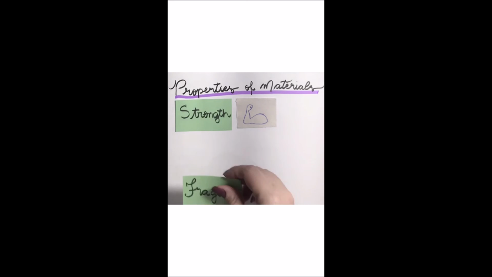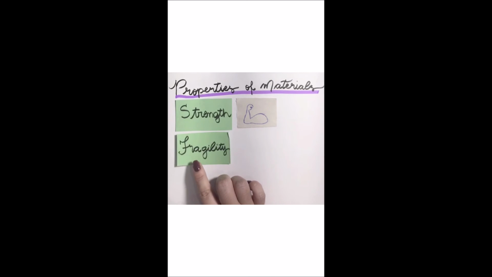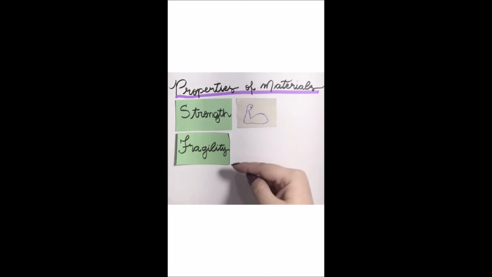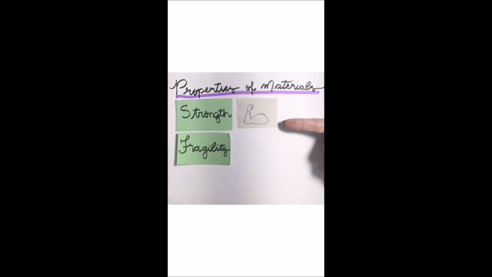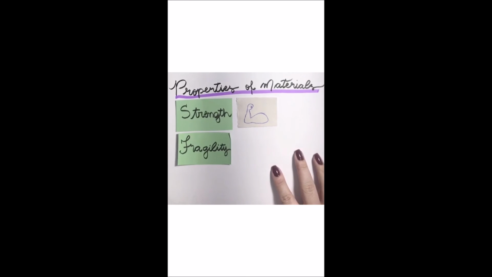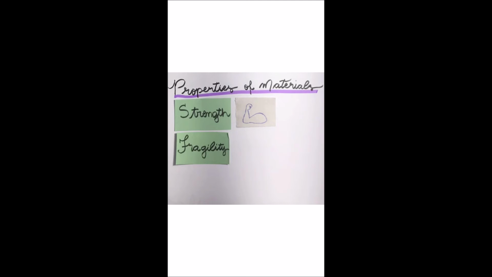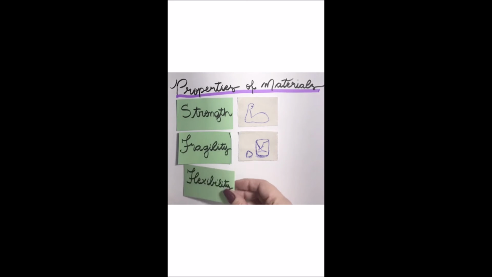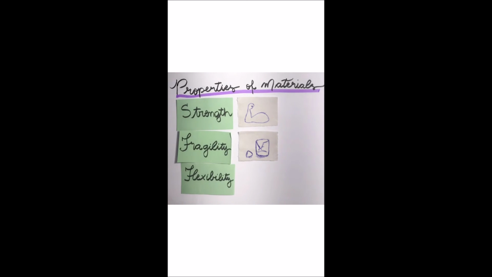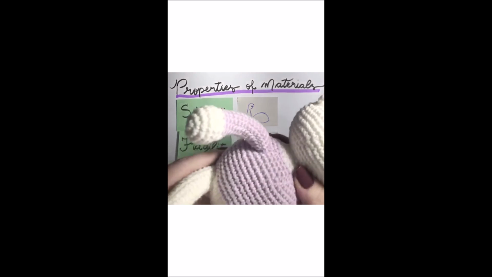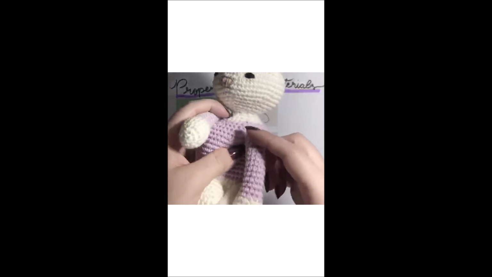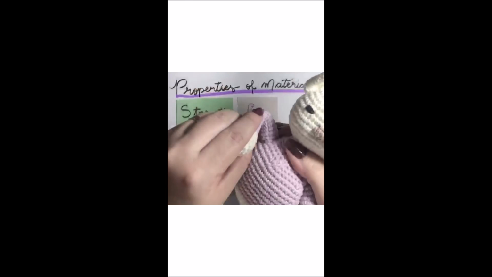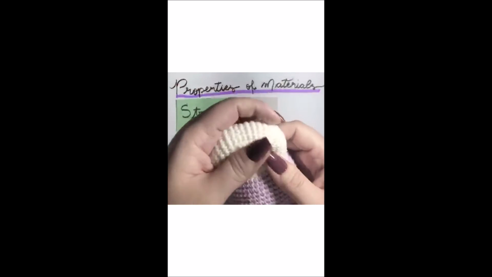Another one is the fragility. Fragility is pretty much the opposite of this one. They are fragile materials, like a glass that can break easily. Another one is the flexibility. Flexible materials are materials that you can shape. For example, this toy here, you can see how flexible it is.